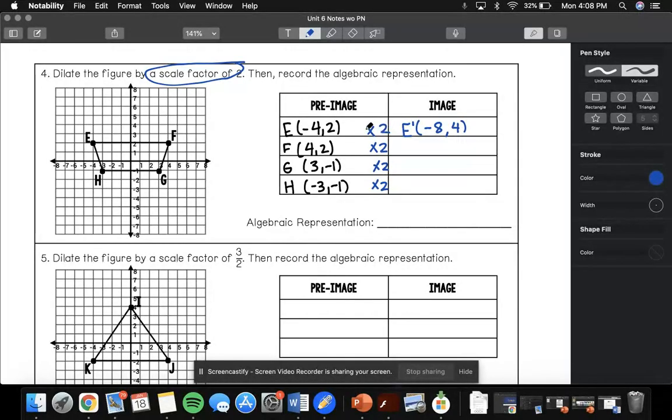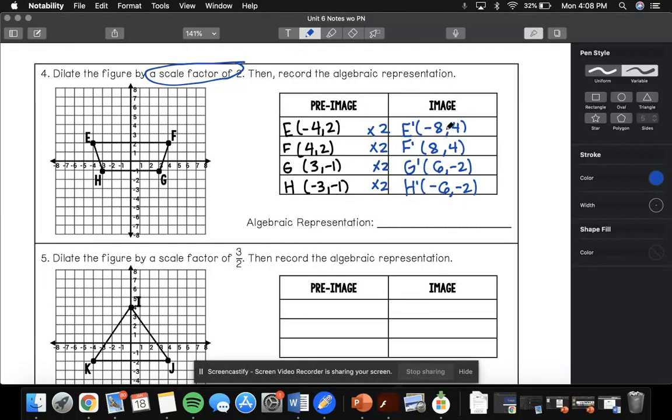Multiply -4 times 2 and 2 times 2. F prime will become (8, 4). G prime, multiplying everything by 2, would be (6, -2). And the last one, H prime, will become (-6, -2).